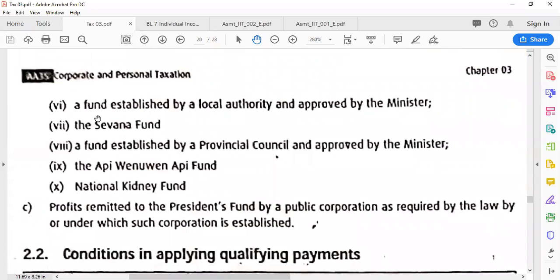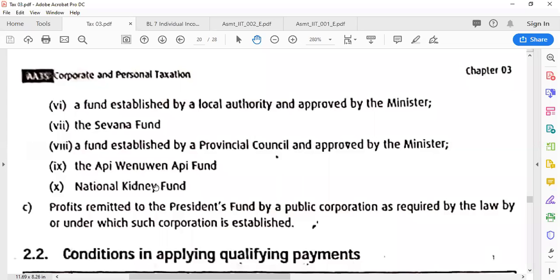And again, number 6, a fund established by a local authority and approved by the Ministry of Finance. And number 7, a fund established by a provincial council and approved by the minister. And number 9, Api Wenuwen Api Fund and National Kidney Fund.